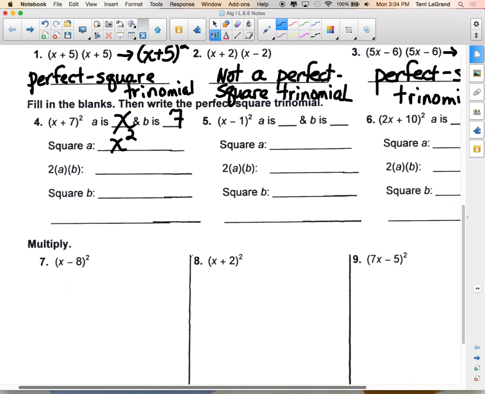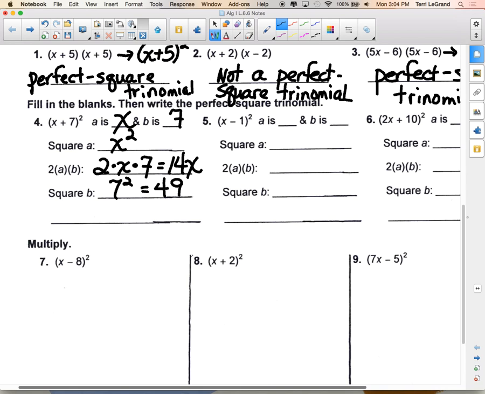Do we need parentheses around that x? No, it's the only thing being squared. We need to take 2 times our a value, which is x, times our b value, which is 7, and what are we going to get? 2 times 7 is 14, and 14 times x is 14x. And then we're going to square our b. What's 7 squared? 49.